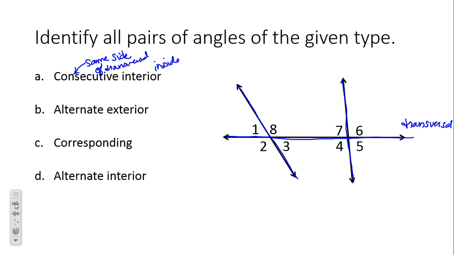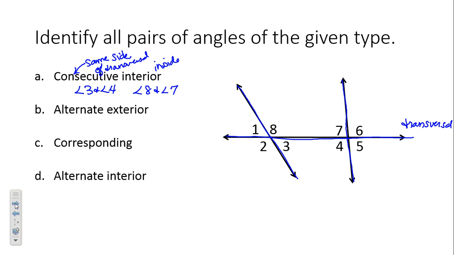Which are our interior angles? 3, 4, 7, and 8. Very good. Consecutive means on the same side, right? So which pair is interior on the same side? 3 and 4. Angle 3 and angle 4 are consecutive interior. What's our other pair of consecutive interior? 8 and 7. Okay? So far, so good.